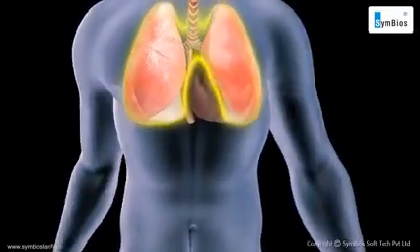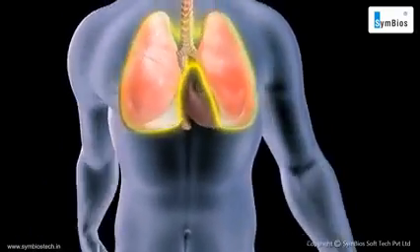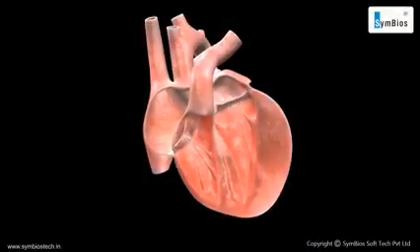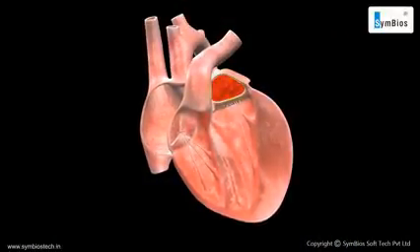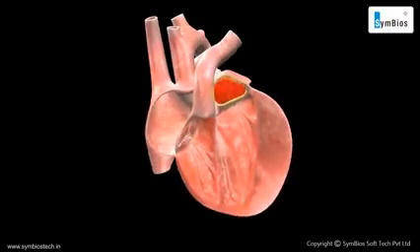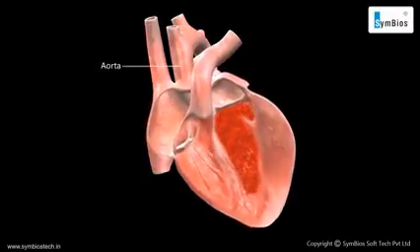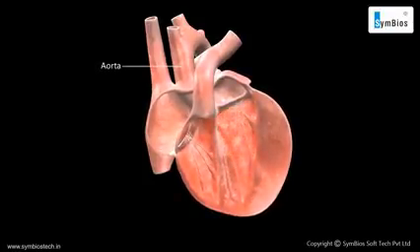The lungs refresh this blood with a supply of oxygen. This oxygen-rich blood from the lungs enters the left atrium and then the left ventricle. The left ventricle pumps the blood through the aorta to the rest of the body.